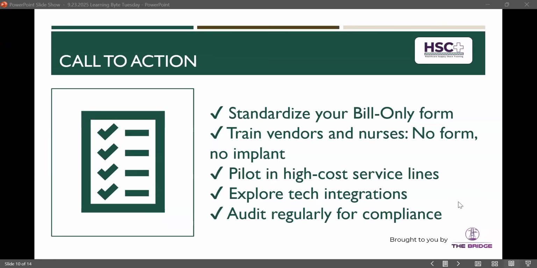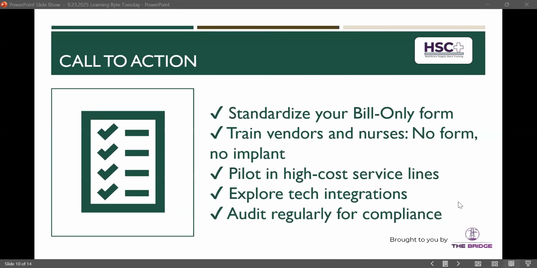If there's no form, there's no implant, there's no payment. So we have to have some controls around that. My vendor access and control policy even says if you bring something into our OR that was not approved through value analysis, thank you for the donation. You've got to put some guardrails and policies in place to hold everyone accountable.